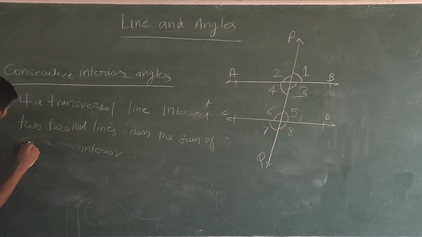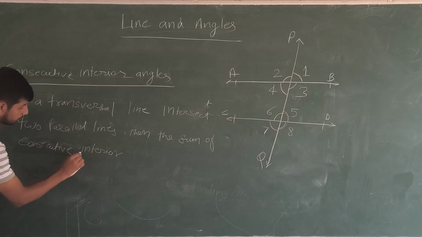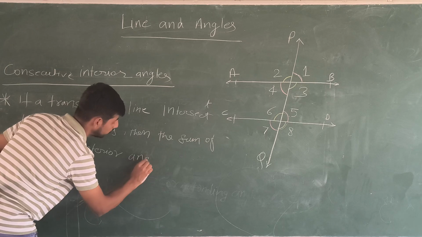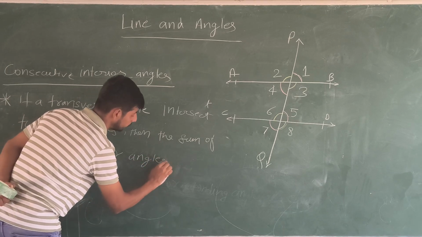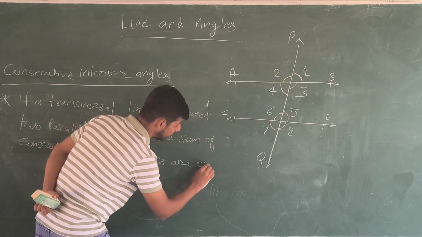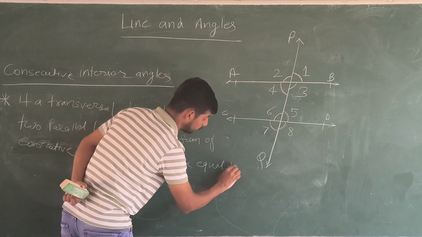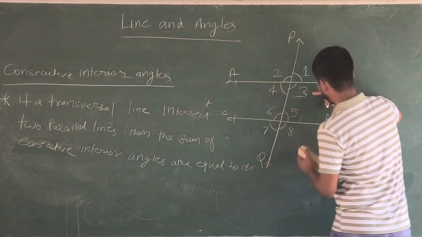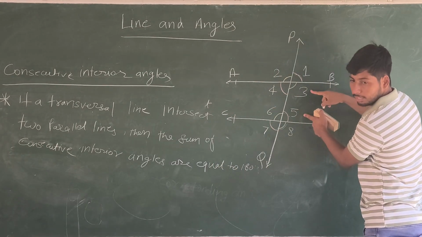the sum of consecutive interior angles is equal to 180 degrees. Look at here. These are two consecutive interior angles.